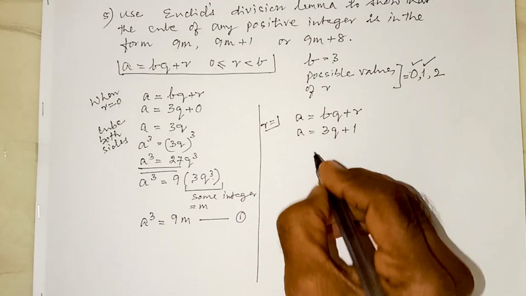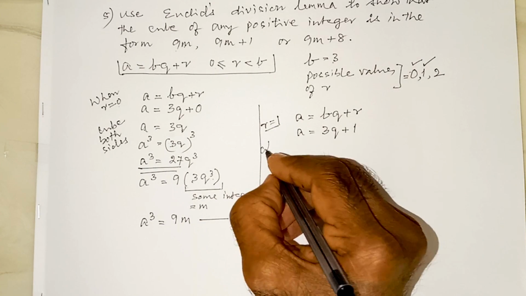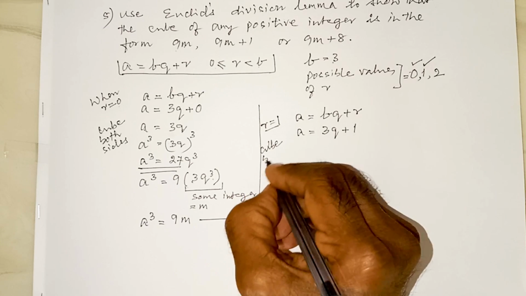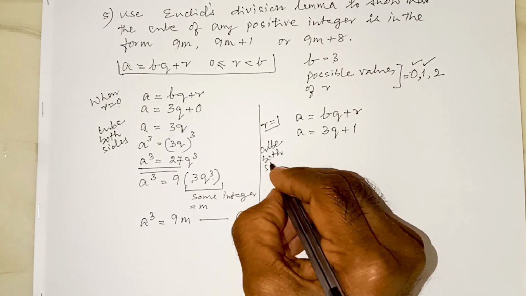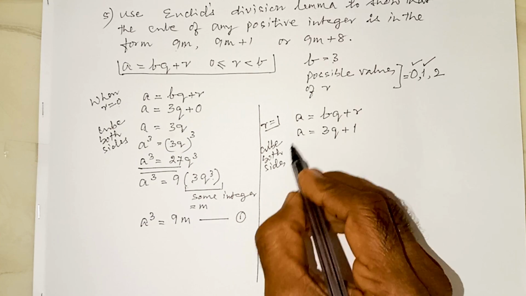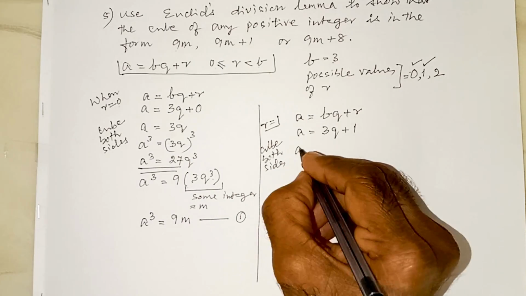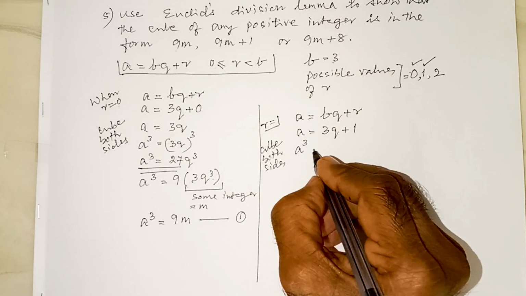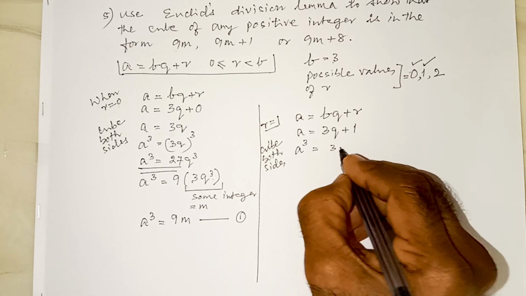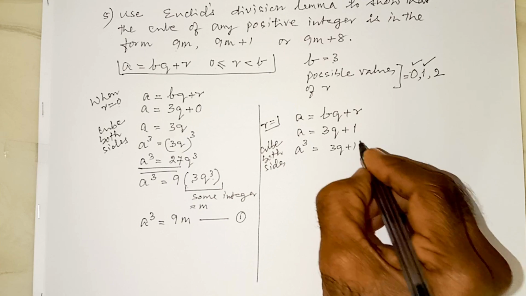So we put 1 here. Now again, cube both sides. Both sides means LHS and RHS. Then A cube is equal to 3Q plus 1 whole cube.